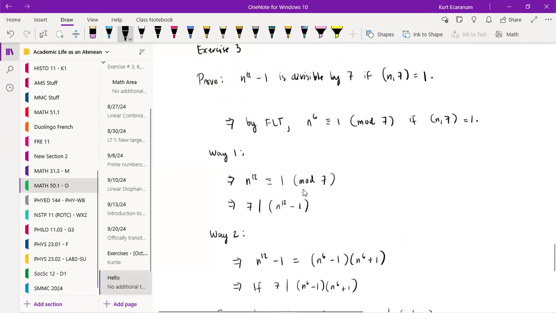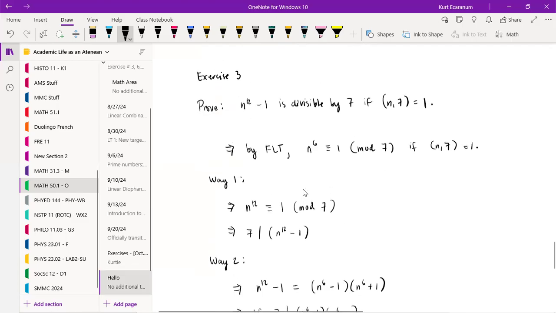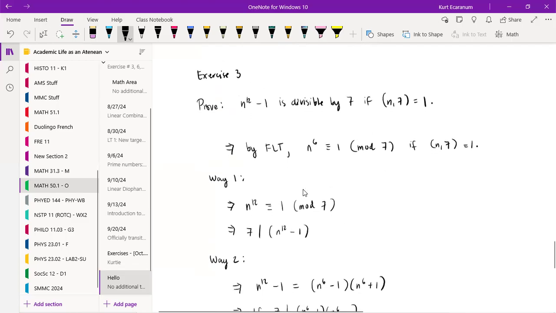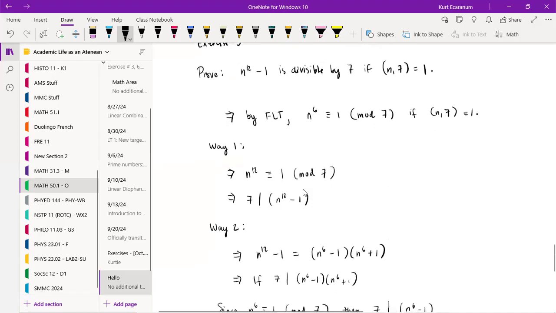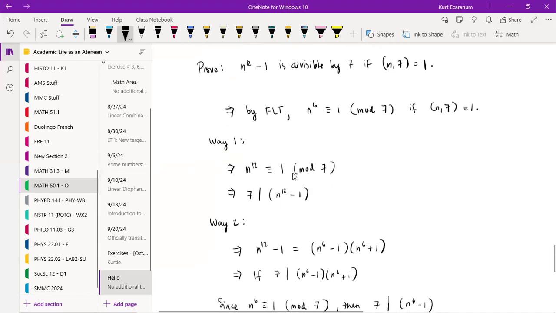So, yun lang ang pinagkaiba ng approaches, again, is ni-raise mo yung congruences by 2 and then ginawa mong by definition 7 divides n to the 12 minus 1.